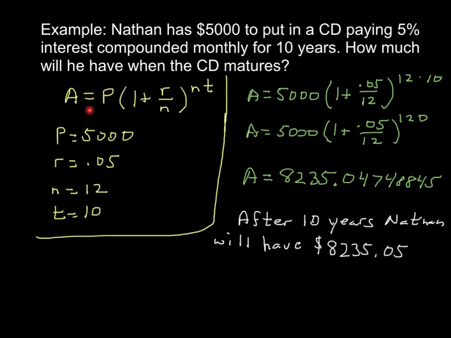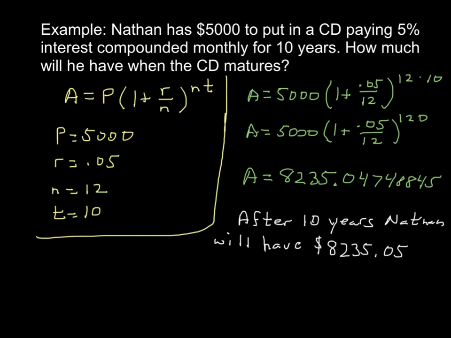Because we're told that the interest is being compounded monthly, I know I'm using that first type. So I'm going to use A equals P times 1 plus r over n to the nt power. In this case, I know my initial amount, which is P, is going to be $5,000. Since the interest rate is 5%, r is going to be 0.05. 5% as a decimal would be 0.05.